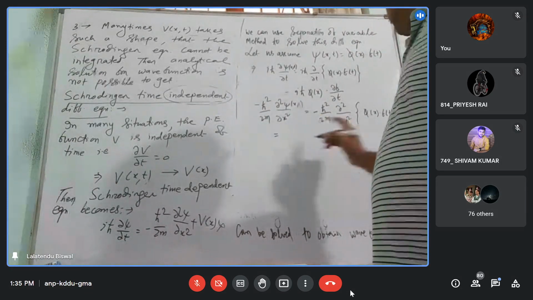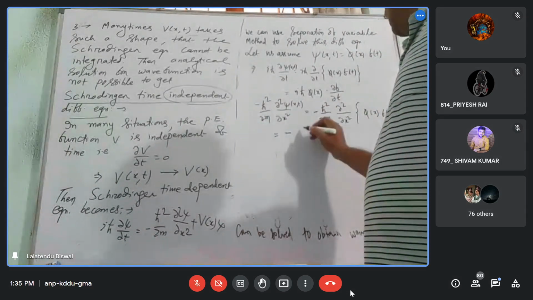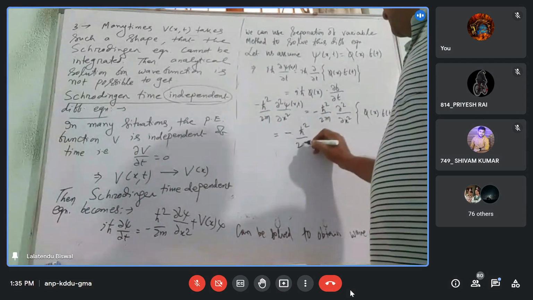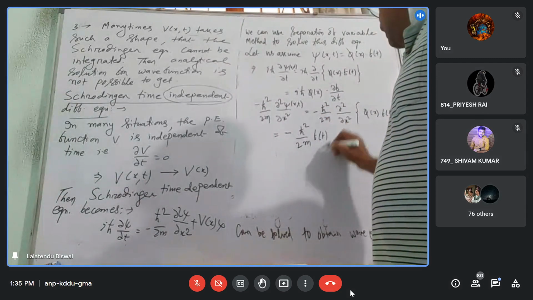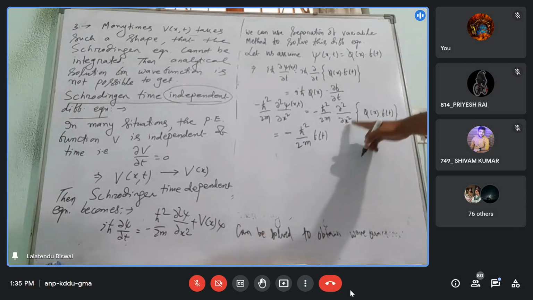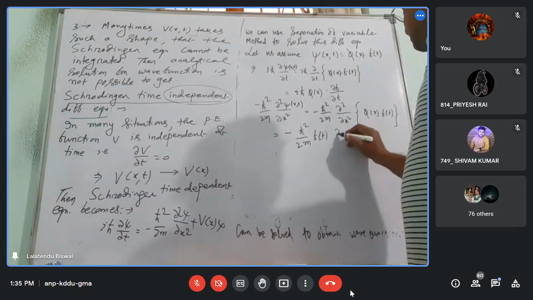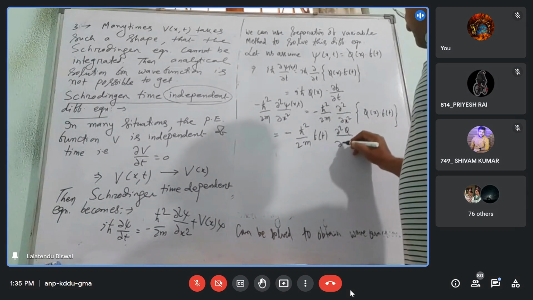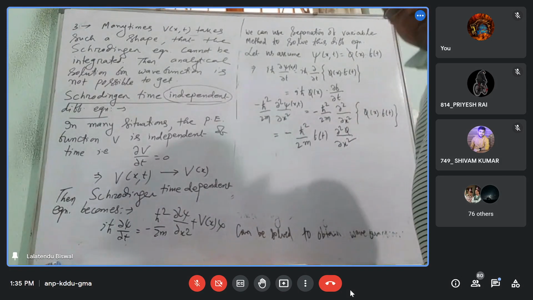So F(t) comes out, because it is a derivative with respect to x, whereas t is independent of x. So minus h cross square by 2m, F(t) del square phi by del x square only.